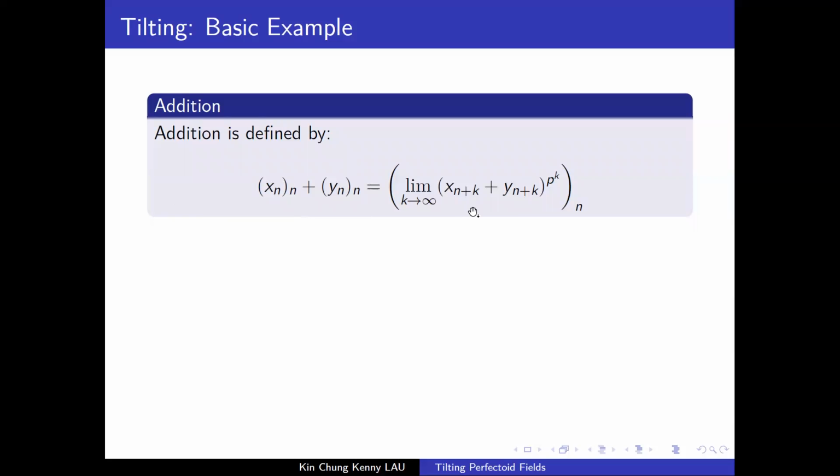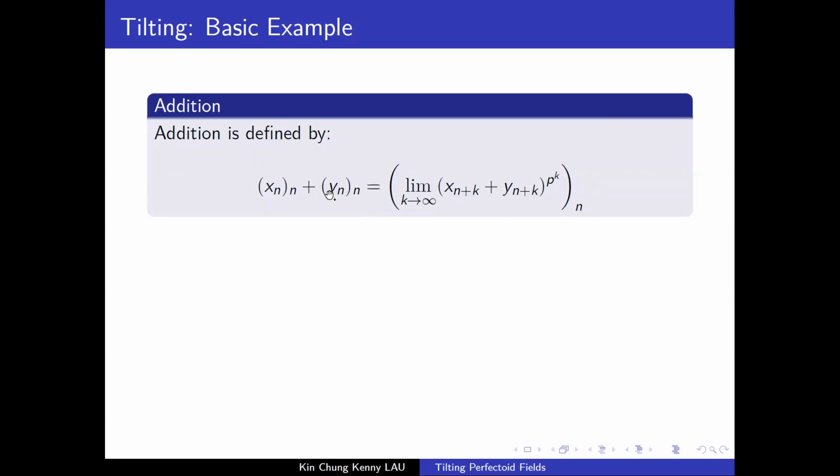And if you remember what I specified about the p-adic norm, p to the n gets closer and closer to 0 as you increase n. So since p to the k goes to infinity, p to the k will go to 0. So this limit is always 0. So this sequence is just constant 0.